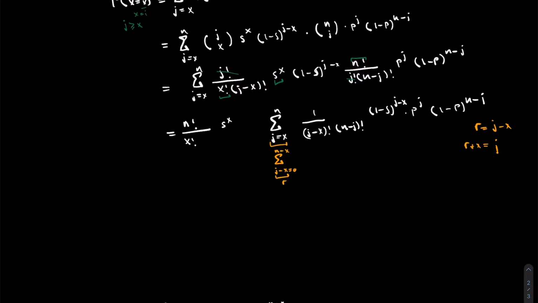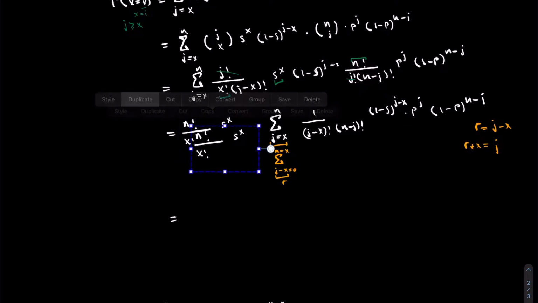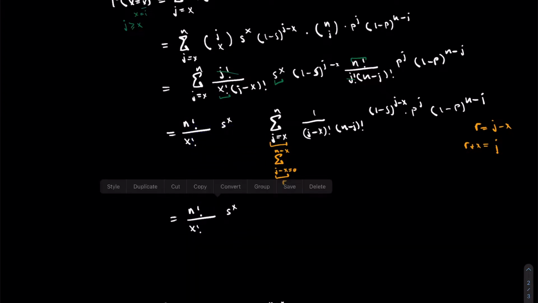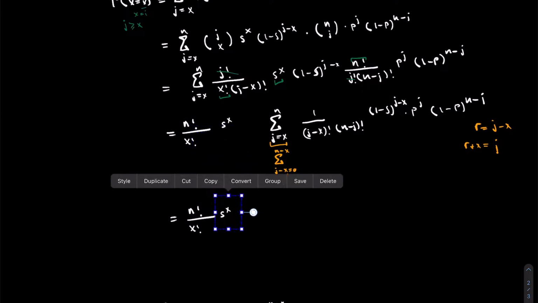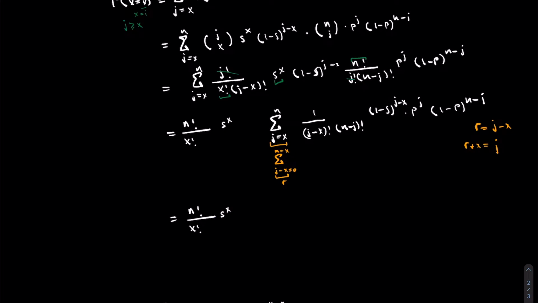All right, let's create some more space. We have some more housekeeping to do, so let's copy this, put it here. Okay, so we have the sum, r equals 0 to n minus x.